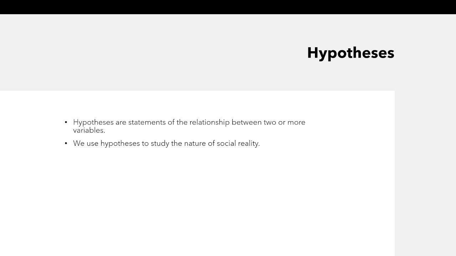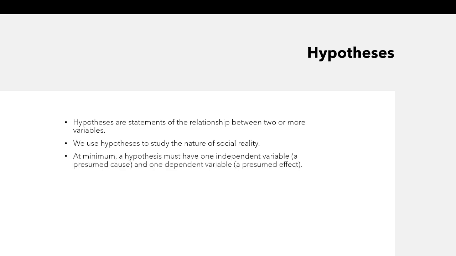And so a hypothesis is making that claim of some sort of relationship between two or more variables and then studying that particular relationship. At minimum, a hypothesis must have one independent variable, which I want you to begin to develop your understanding of as a presumed cause, and one dependent variable, a presumed effect.